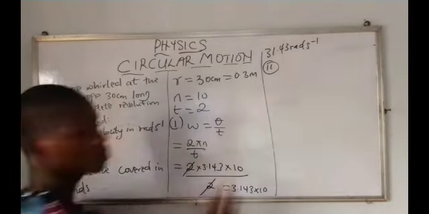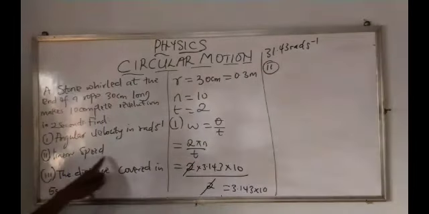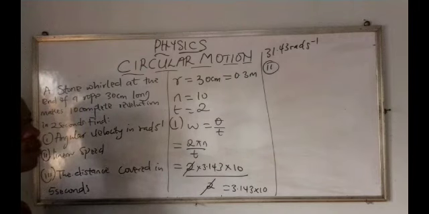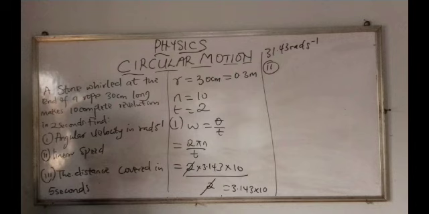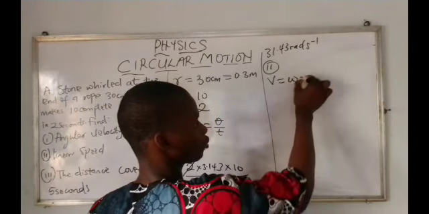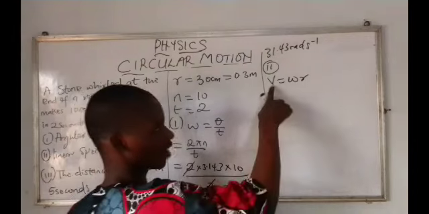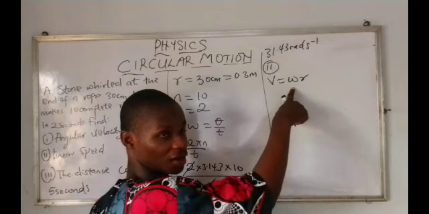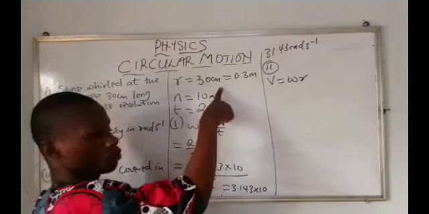Now Roman figure 2 says that we should calculate the linear speed. Remember, there is a formula that connects the linear speed and the angular velocity, and the formula is v equals wr. Okay, so we have gotten our w, which is the angular velocity, and we have our r from the question.